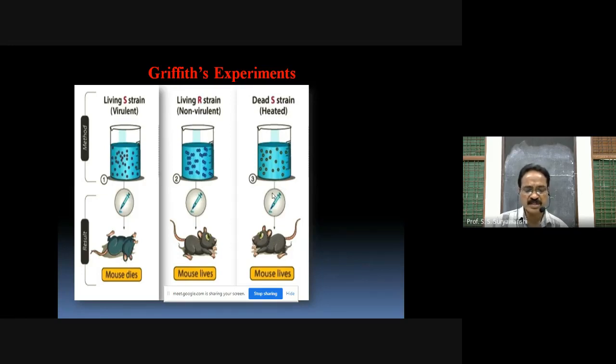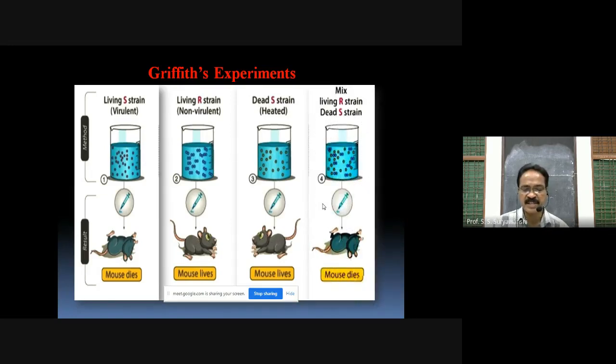So this is the interesting thing, that when the S strain is heat killed, there is no effect on the mouse, but it lives.